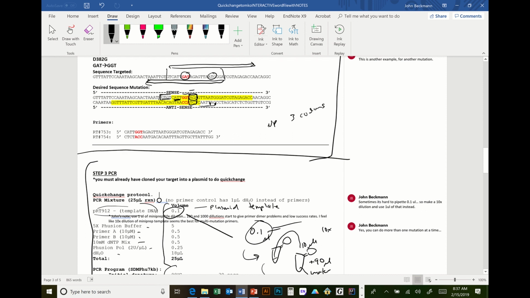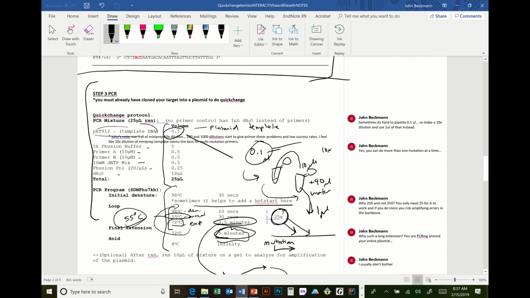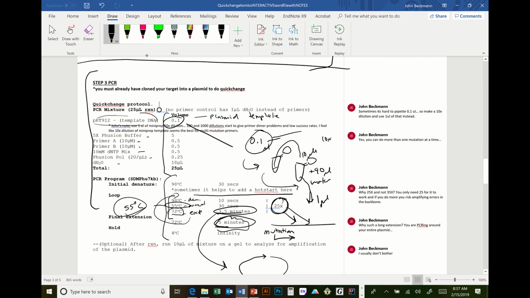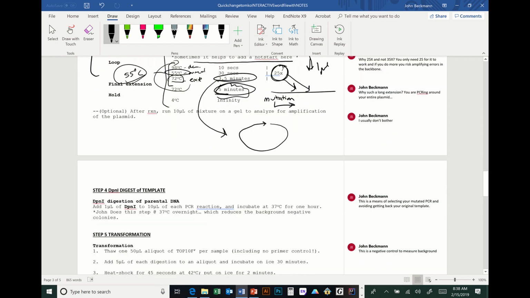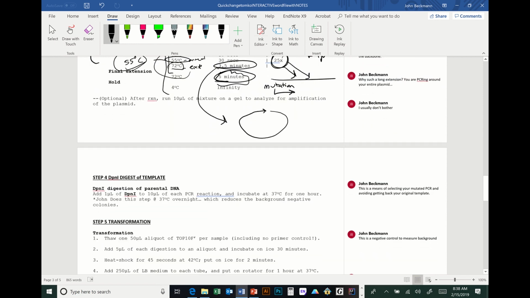Once I know that you can design the primers, I know that anybody can; you're basically just cooking at this point. I know that anybody can follow a cooking protocol. You're just putting this much in a tube. So it's really the intellectual design of the primers, identifying the codons, that you need to practice.